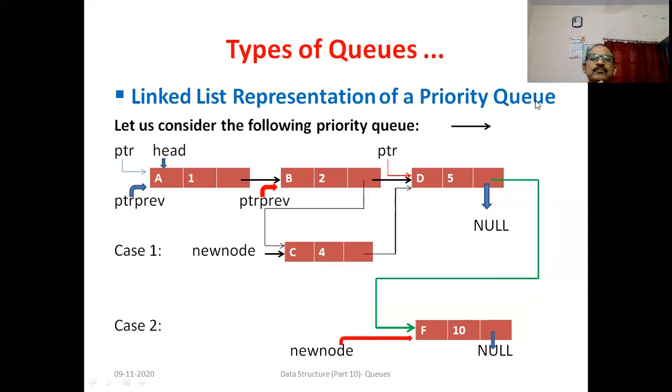Is that clear? Now, we take two pointers, PTR and PTR previous, and set both to the head of the priority queue. Next, we increment PTR and PTR previous.